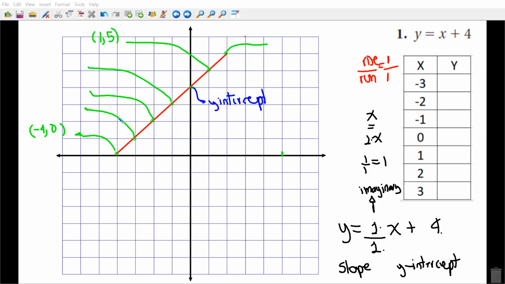Okay. What about this point, guys? All right, guys, come on, coordinates. -3, comma 1.